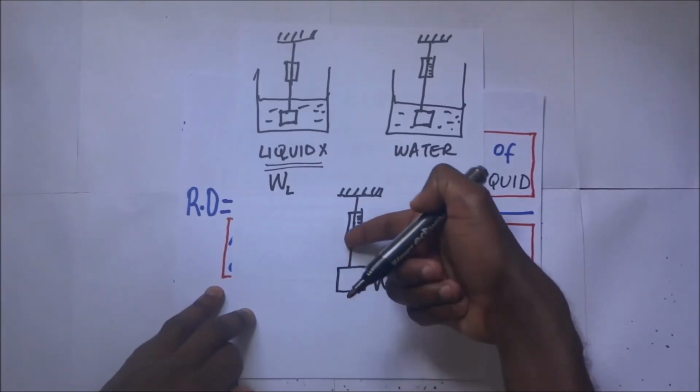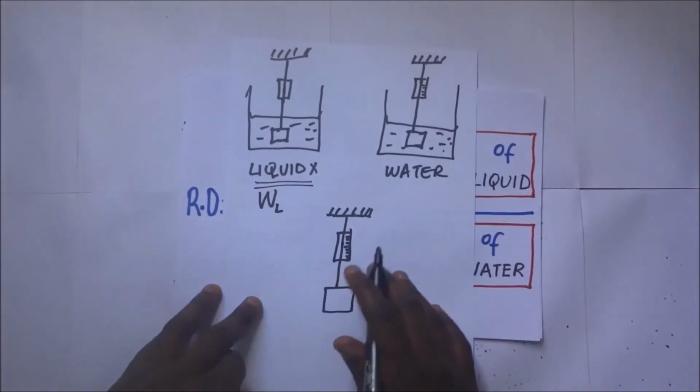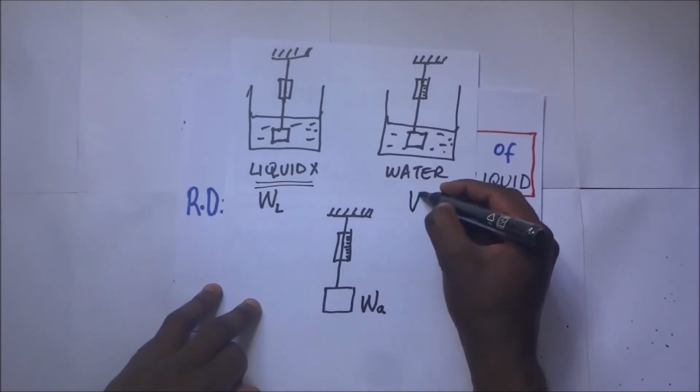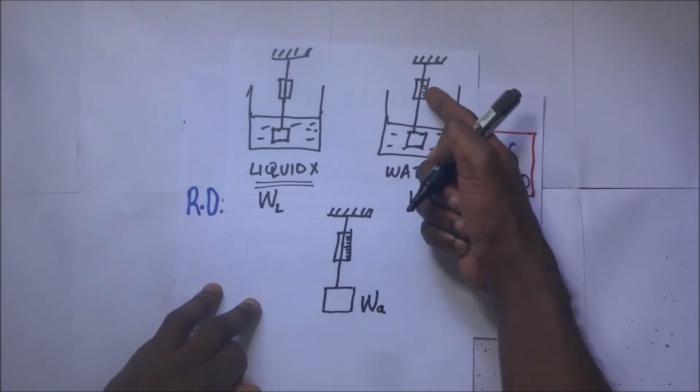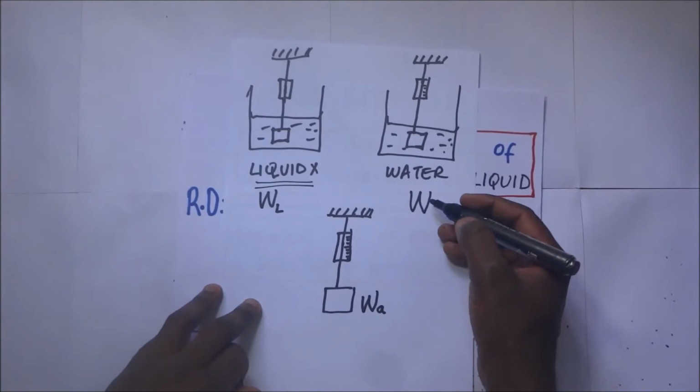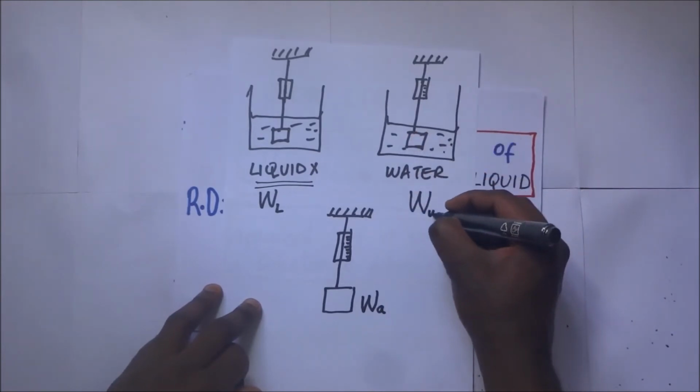Then we are going to get this same solid as well and drop it in water, and we are going to register another reading there, and we shall call it our weight when this solid is immersed in water.